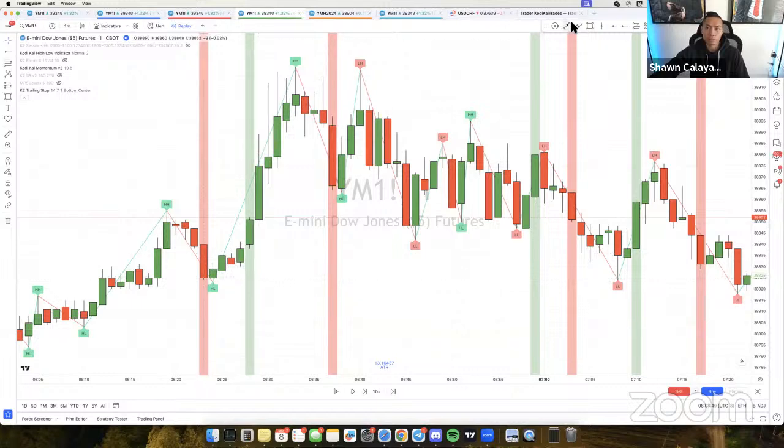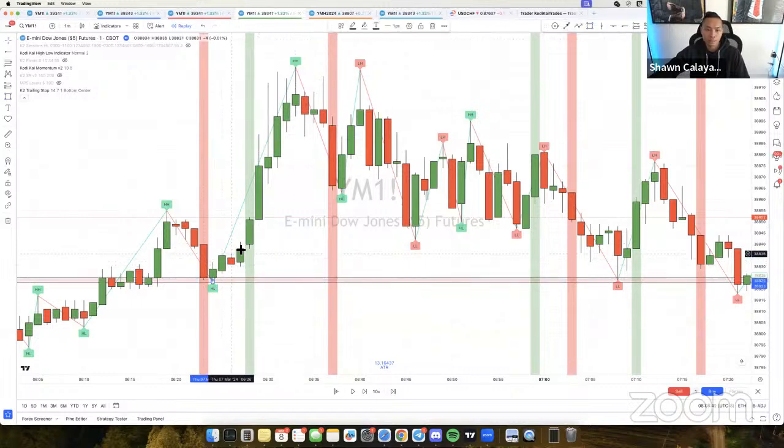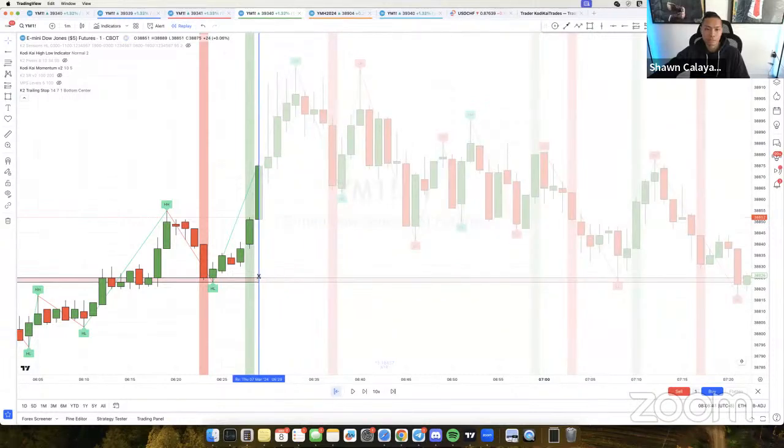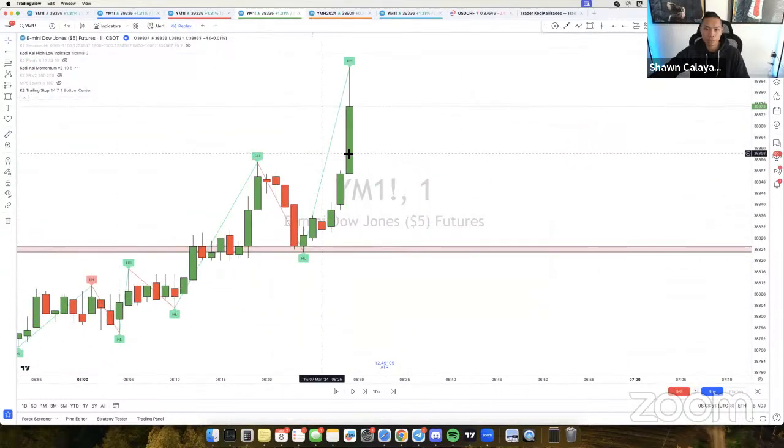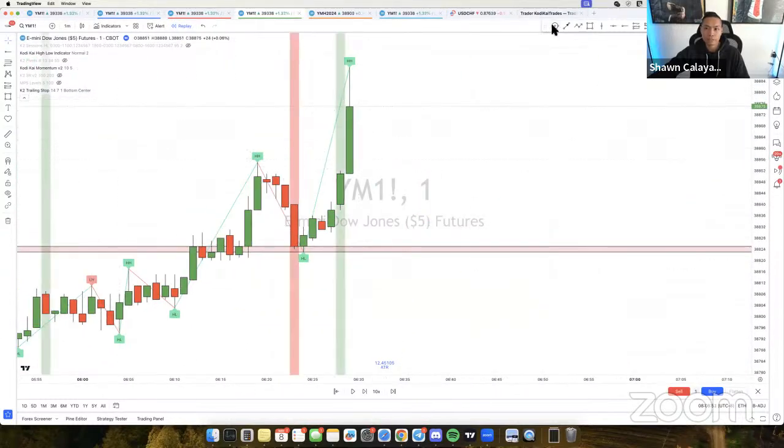For example, the V1 was here, but the market didn't open till right there. So this entry came up, but the market wasn't even open yet. We can't have the entry here because it happened pre-market. The V1 is going to happen pre-market, but not the actual entry. That's why we couldn't have taken this as the entry for yesterday.